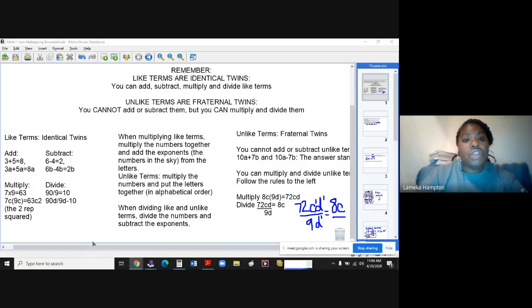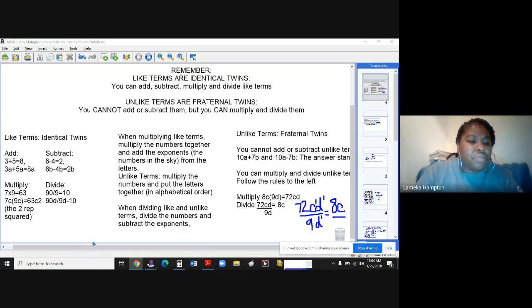So the good news is when it comes to like terms, half the battle is already done for us because we know how to add, subtract, multiply, and divide numbers because numbers are like terms. Okay. It's when they started adding in the letters and the exponents that made it very difficult.